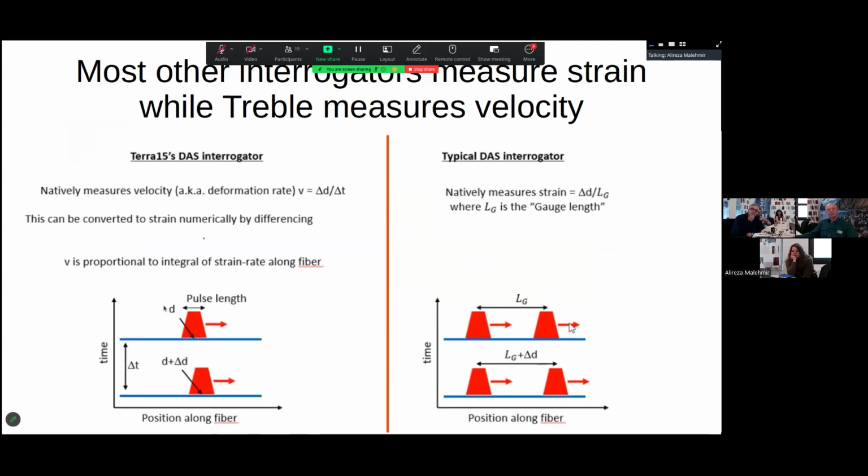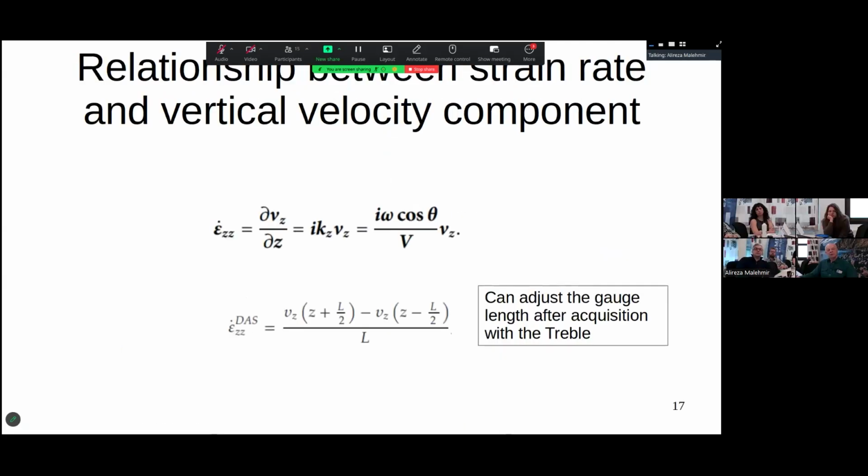With the Terra 15 interrogator, only 1 pulse is sent down, and the position along the fiber of this pulse is measured. So it's a bit different principle, but we're still using a laser to send down a pulse along the fiber and looking at what is being returned. And from the velocity, the strain rate can be calculated.